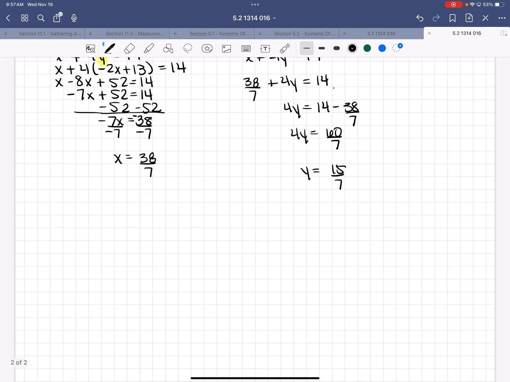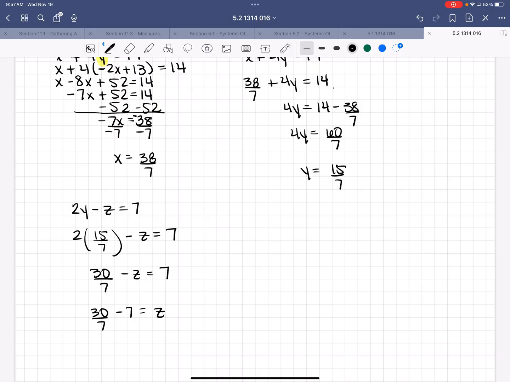So that was 2y minus z equals 7. So 2 times 15 over 7 minus z equals 7. That's 30 over 7 minus z equals 7. That's really going to be 30 over 7 minus 7 equals z.